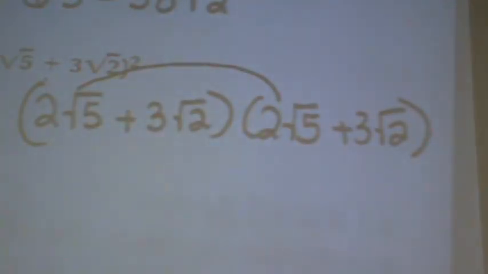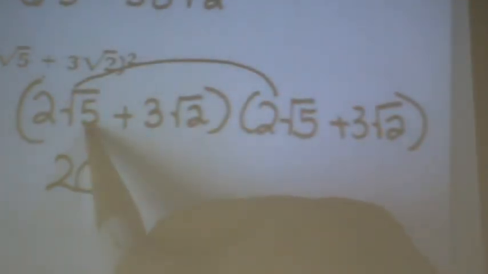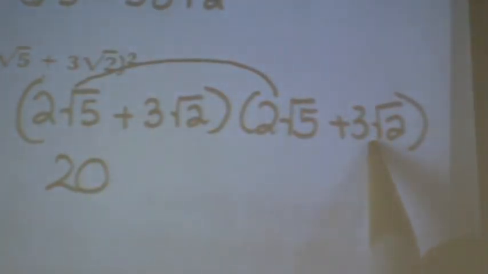This is the hardest one. Let's see who knows what 2 root 5 times 2 root 5 is. 20, good job. What's 2 root 5 times 3 root 2?